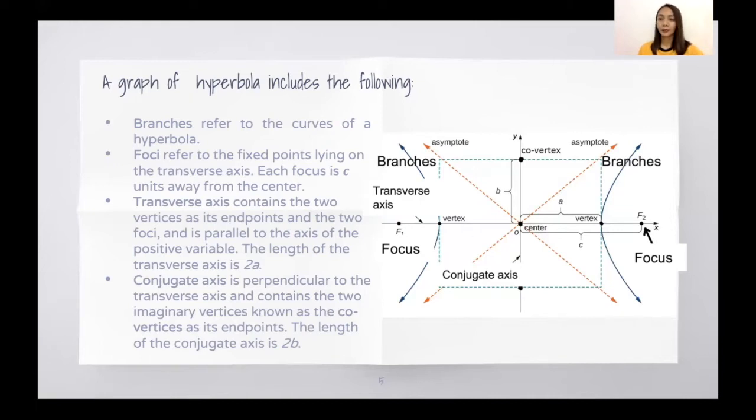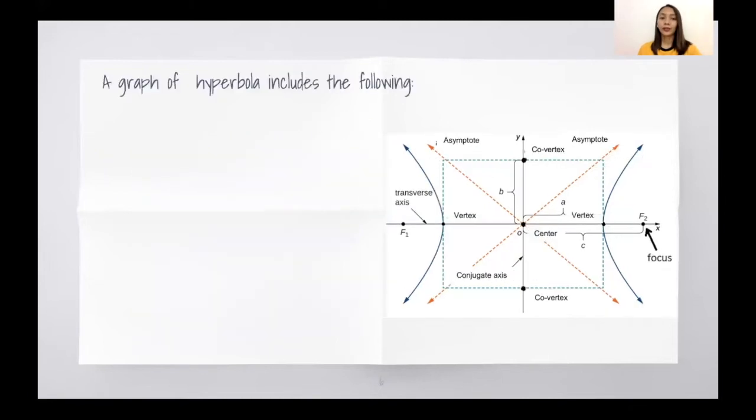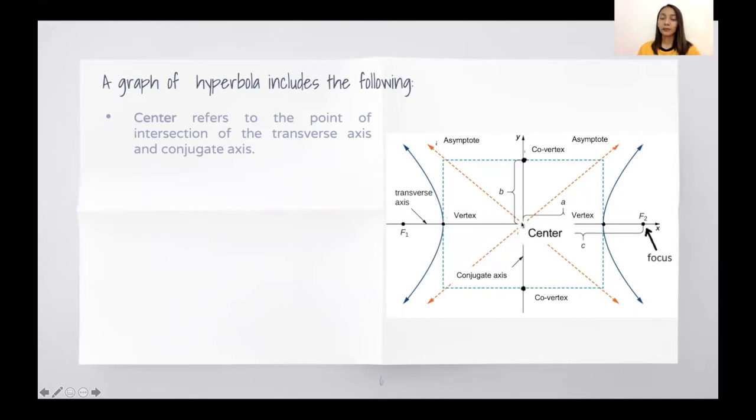So there are a lot more. We also have the center of a hyperbola. It refers to the point of intersection of the transverse axis and conjugate axis. Of course, it is right at the center, in the middle part of the graph. Vertices, denoted as V, are both a units away from the center of a hyperbola.